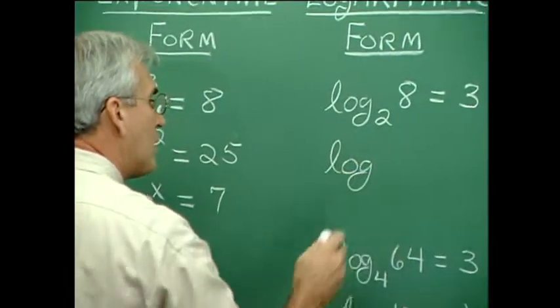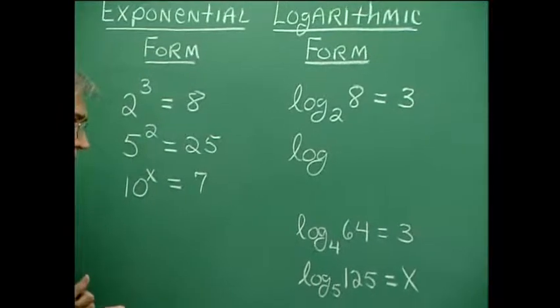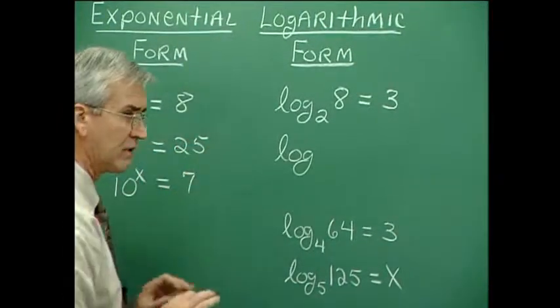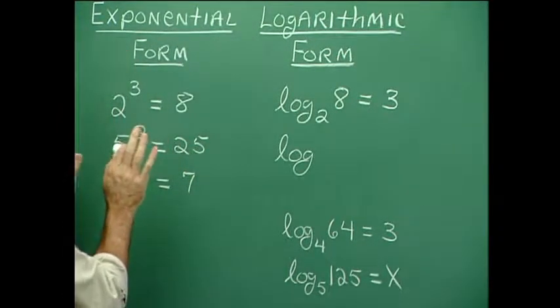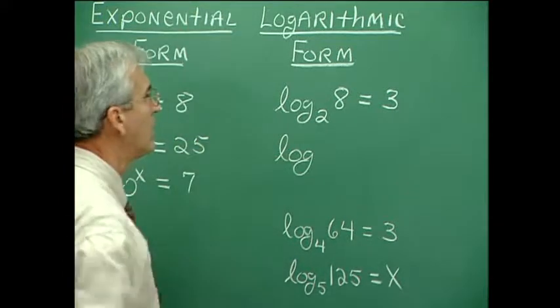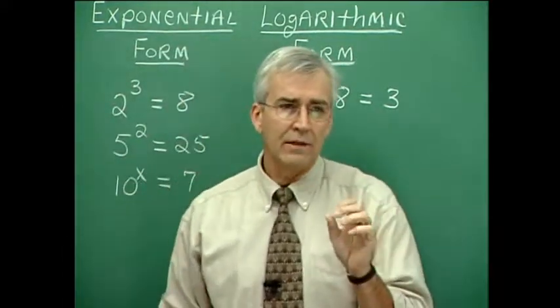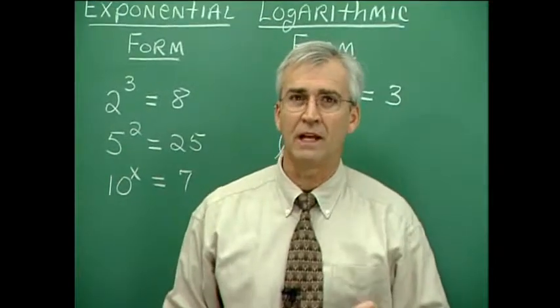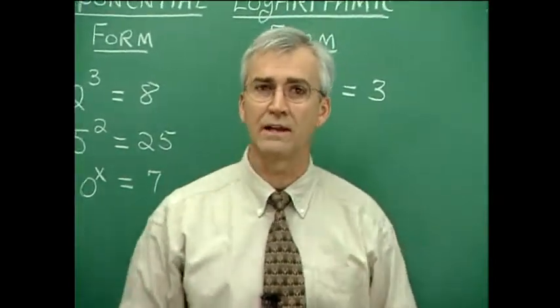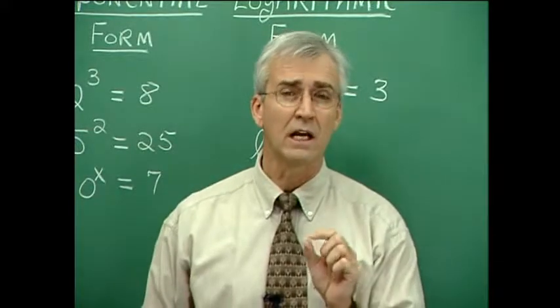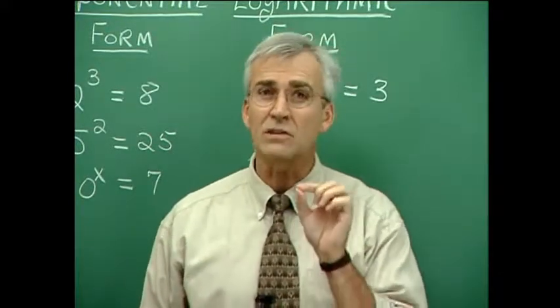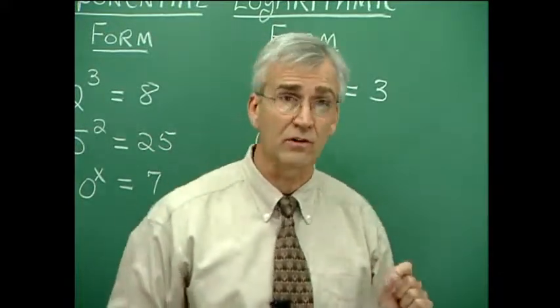Now, the way you will remember this, or the way you will go from exponential form to logarithmic form at first, will probably be based on memorization. We'll interpret it in just a moment, but here's how you'll probably memorize it at first.